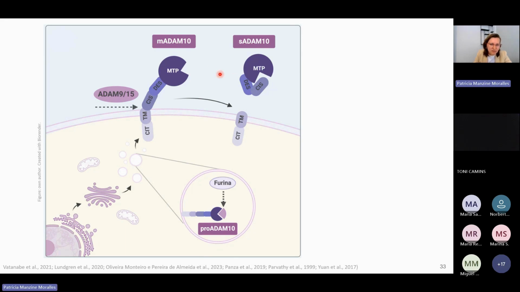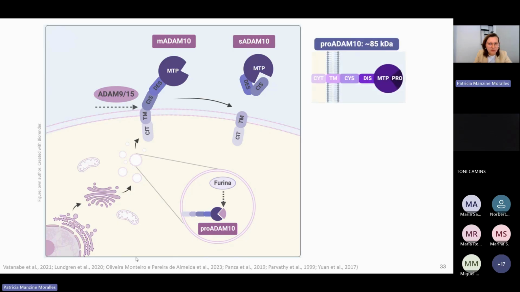Lastly, as a regulatory mechanism, we think that the mature form of EDN10 can also be removed from the membrane by, for example, EDN9 and EDN15 in a process called ectodomain shedding, which creates a soluble isoform that is released into the extracellular medium, at about 50 to 55 kilodaltons.